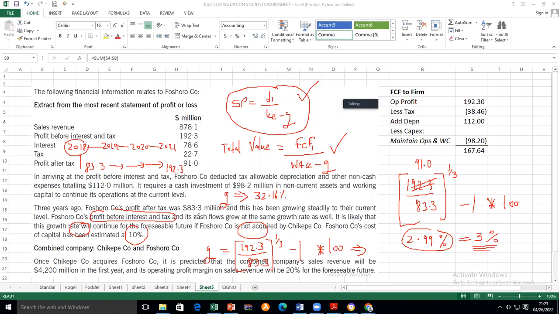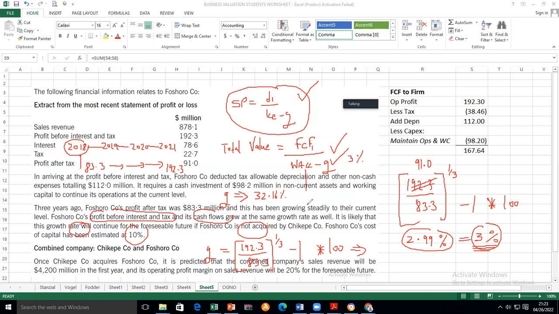And they're saying that its operating profit and its cash flows grew at the same rate. So when the cash flows also grew at the same rate, it is likely that this growth rate will continue for the foreseeable future. So meaning that we now have our growth rate, 3%.